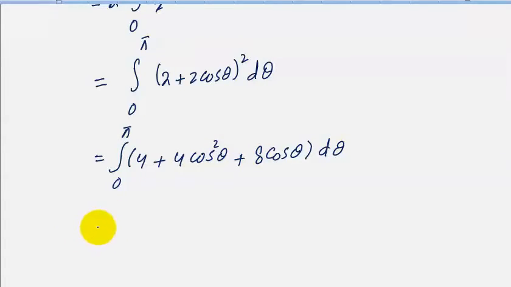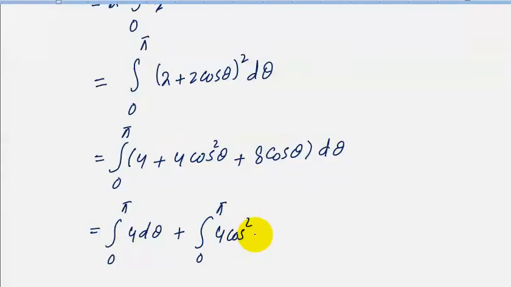In next step we can write it as integration 0 to pi 4 d theta plus integration 0 to pi 4 cos square theta d theta plus integration 0 to pi 8 cos of theta d theta.